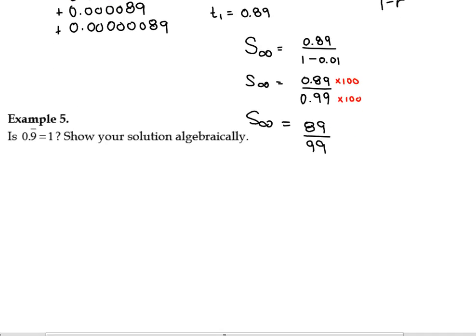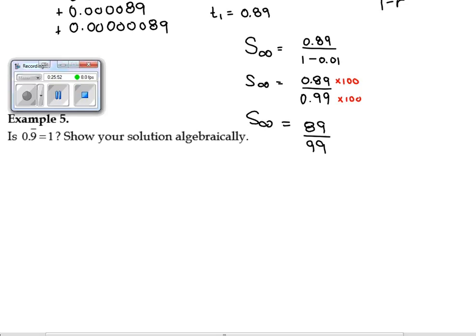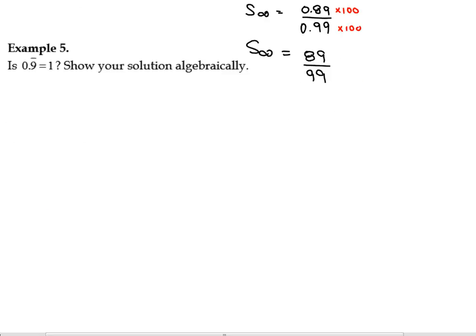So, is 0.9 repeating equal to 1? Do you have an opinion on this? Let's see if 0.9 repeating actually is 1. If we had 0.9 repeating, or 0.999999, keep going to infinity, is that the same thing as 1? Let's find out.